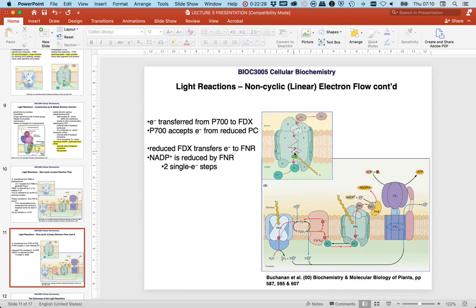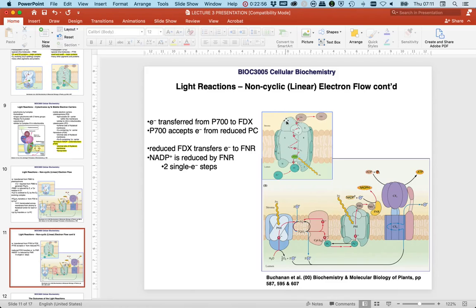But now we've got the P700 chlorophyll molecules in a photochemically incompetent state. In other words, the electron hole in the P700 chlorophyll A molecules has to be filled. And that's where we see plastocyanin coming back into the picture. Plastocyanin will donate electrons to the P700 chlorophylls in photosystem 1.